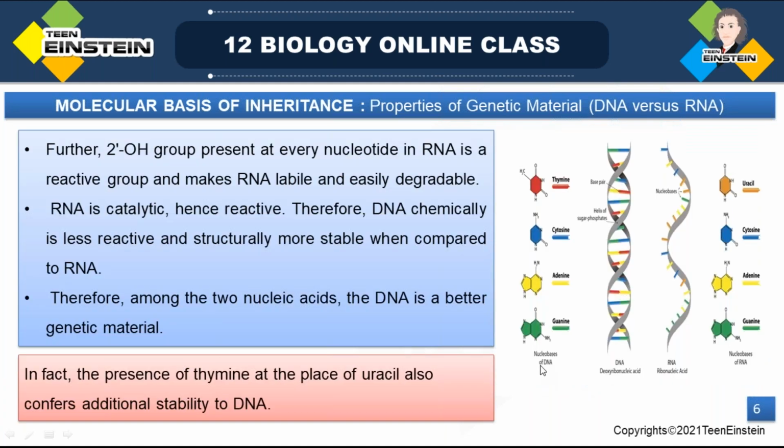Next is the second position. In the second position, there is the presence of an OH group in every nucleotide of RNA.